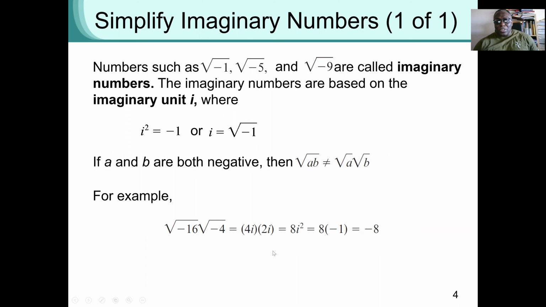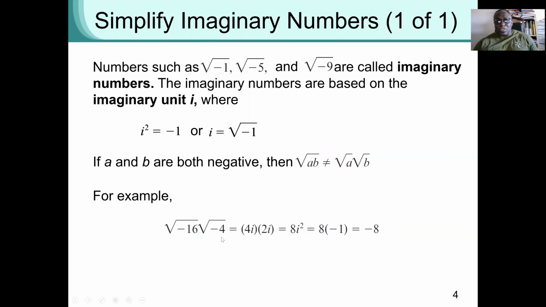Now, if I'm having the square root of 16 times 4, the answer will not be negative 8. The answer will be different. So that's the rule here. Square root of AB is not the same as square root of A times square root of B. So we know 16 times 4 will give me 64. So the square root of negative 16 times negative 4 will give me what?